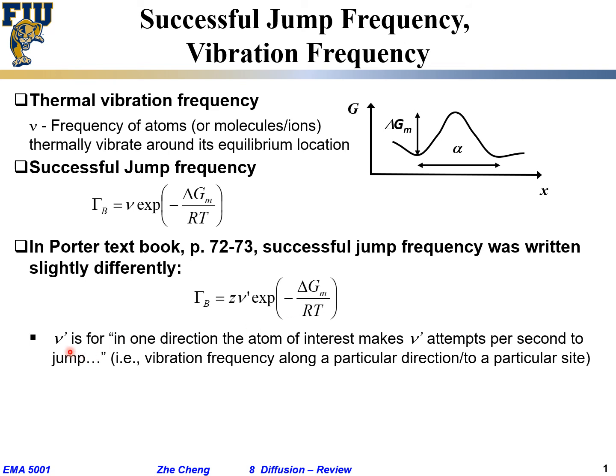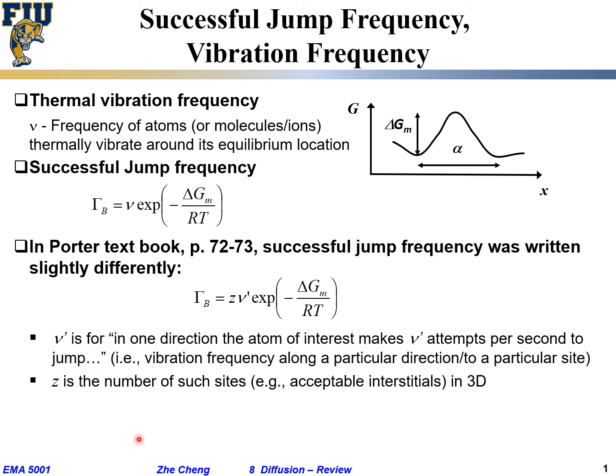That is mu prime. And then Z, in this equation, is the number of such sites, or all the possible interstitial sites if we are talking about interstitial diffusion in three dimensions. Naturally, you can see that what we define as mu would roughly be equivalent to the product of the number of sites times the frequency along a particular direction to a particular site.